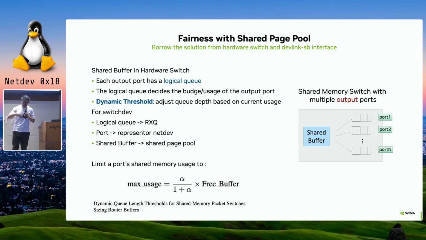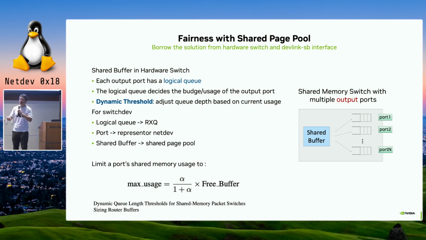Then there's a paper describing a mechanism called dynamic threshold, which is this formula, saying that for every particular port at any time, the maximum utilization of the shared buffer is this value, so that it guarantees somehow the fairness between them.